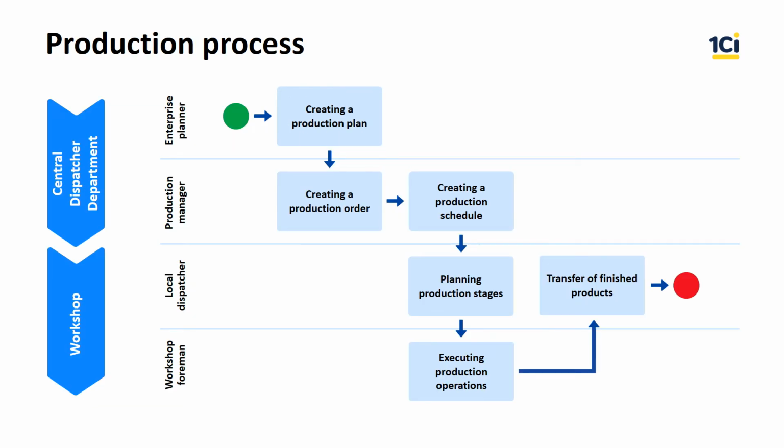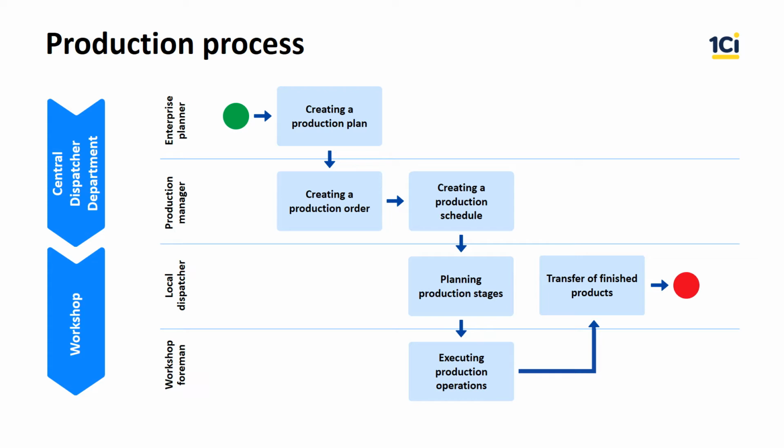In our infobase, the organizational structure of production departments is configured as follows. The Central Dispatcher Department prepares a production plan based on sales plans underpinned by demand forecasts. It also determines production schedules for the workshops within a given time fence.